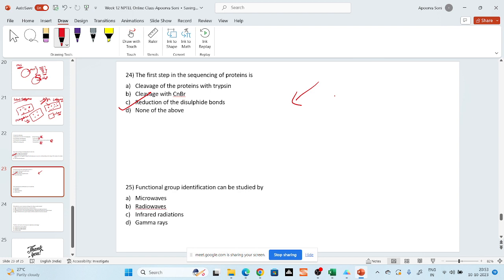Then your next question is: functional group identification can be studied by which of the following? IR, infrared radiations. Yes. So you should always remember that whenever we are dealing with spectroscopy, absorption and emission, we have the electromagnetic spectrum and different rays: infrared rays, UV rays, visible rays, and so on.